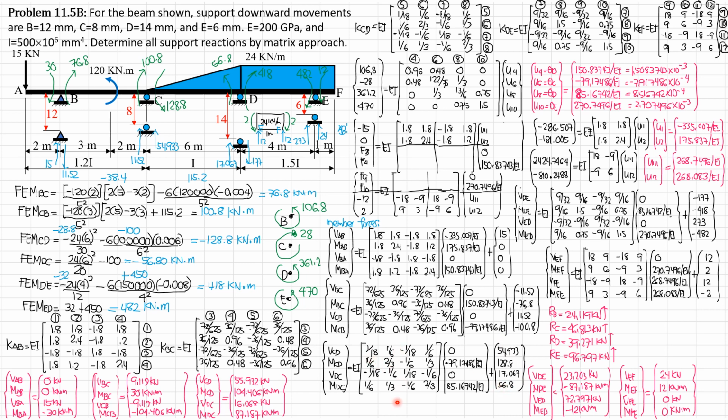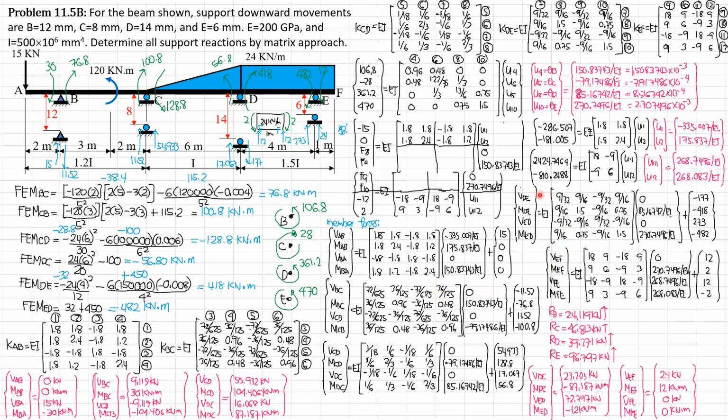So obtaining the product of this and this, then plus the corresponding fixed forces, you'll get the member forces of CD: 55.932 kilonewtons, 104.406, which is numerically equal to that, 16.068 kilonewtons, which is supposedly RD left, which is the same in the classical method, and moment DC, which is moment DE, which is the same in the classical method also. Then we proceed to DE.